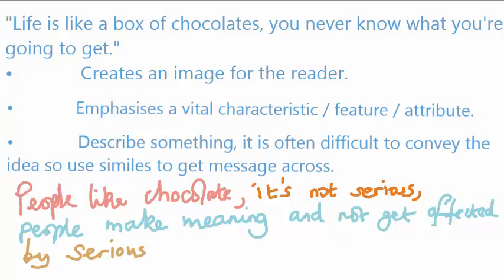So when you're trying to get a message across with words, it may be difficult, but with a simile, by making comparisons, you can express and get the message across. Because with words, when you use adjectives, there are only certain limitations, but similes allow us to compare things in a vivid way. So, life is like a box of chocolates.